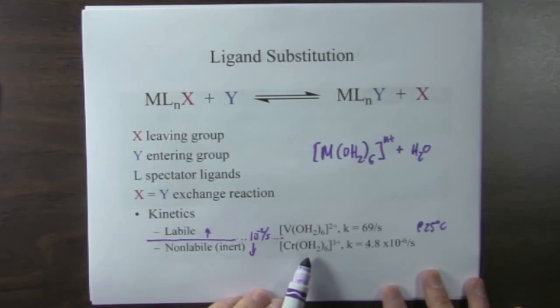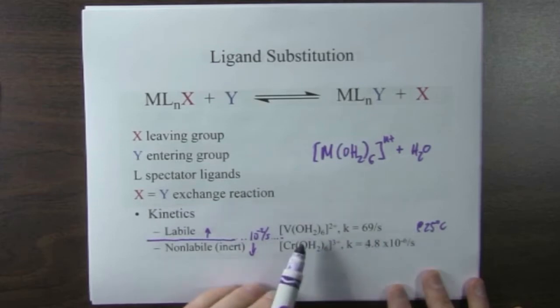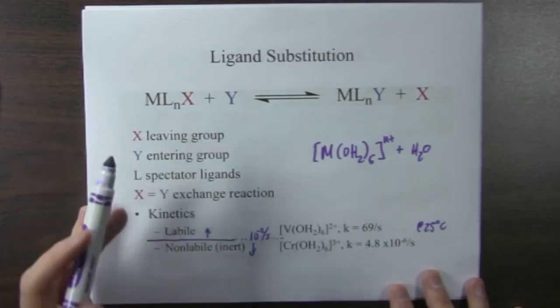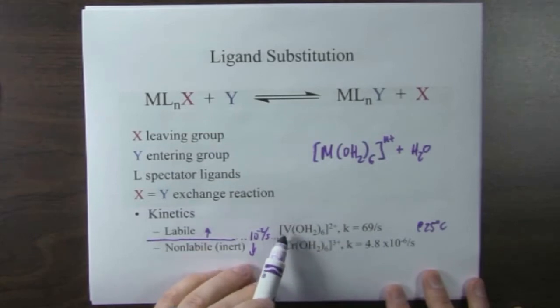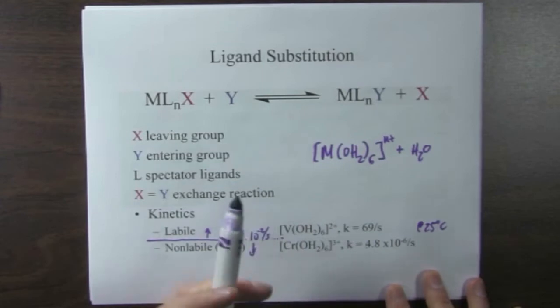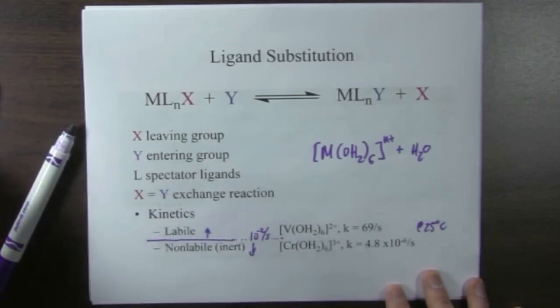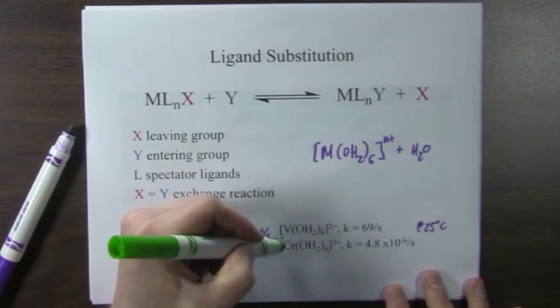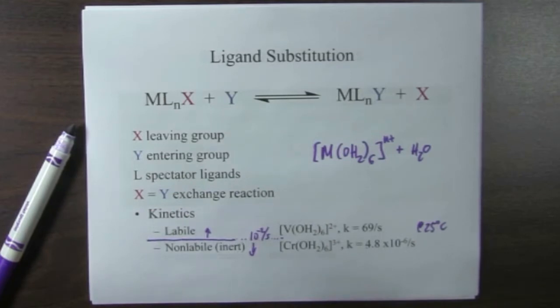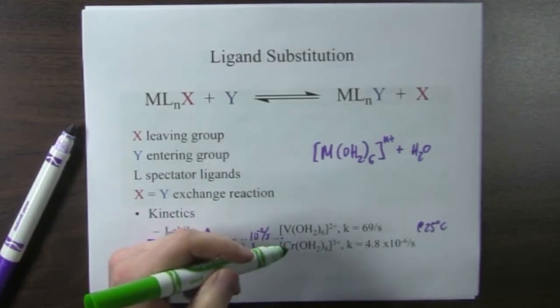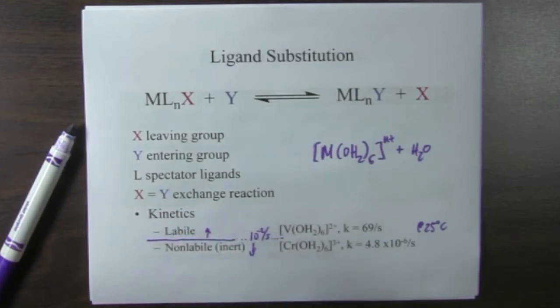Why are these complexes' kinetics so different? The temperature's the same, the ligand's the same, there's no chelate, there's no multidentate ligand, the Lewis basicity is the same. Well, the Lewis acidity is a little different, right? And that is part of the trend. But we also have different electron counts. So chromium is d6, and in this case it's low spin, but we need to keep track of that.